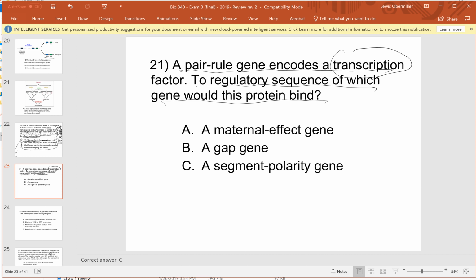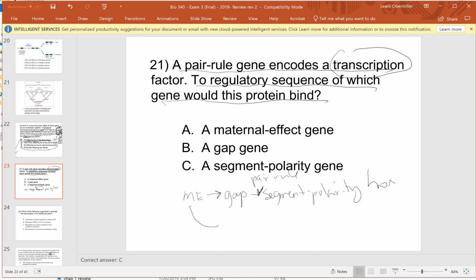So remember we have maternal effects, and then gap, and then we have the pair rule here. And then we have the Hox genes here.